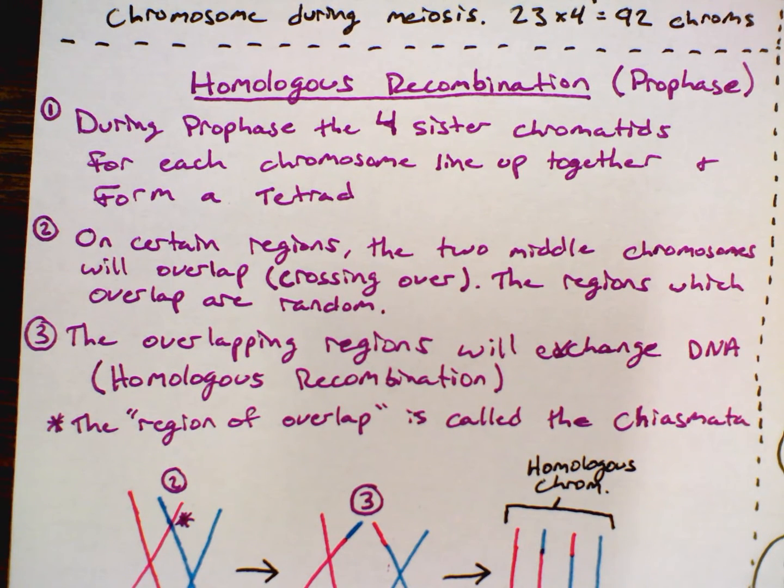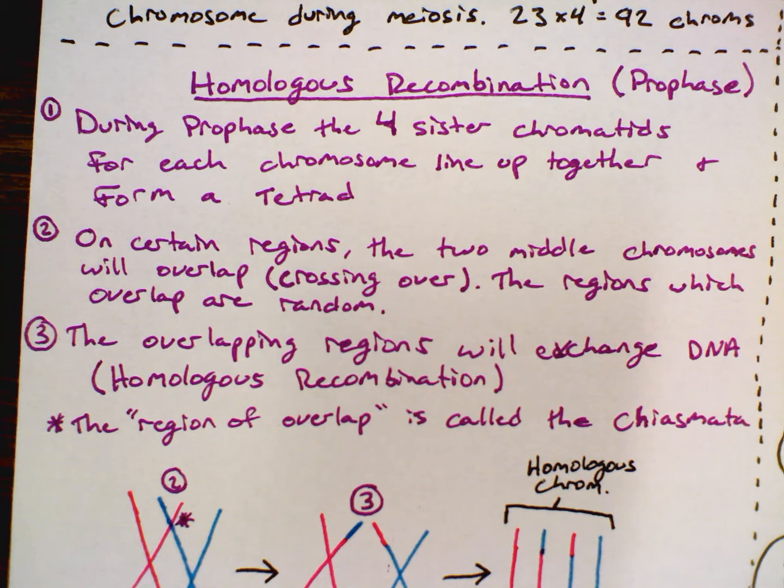This is the idea of crossing over. Crossing over is specifically where the chromosomes overlap. Okay, that's the process of the overlap. But if you want to talk about the actual exchange of the genetic material, that's called homologous recombination. This occurs during prophase.